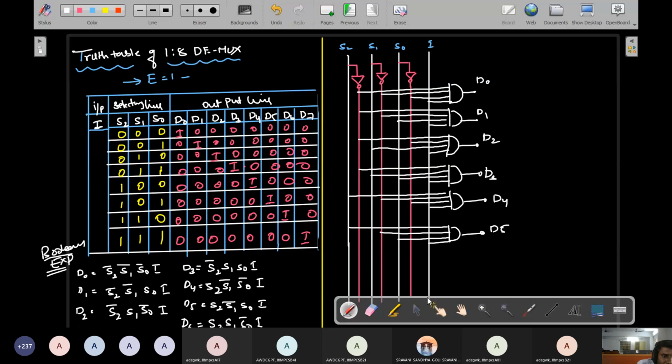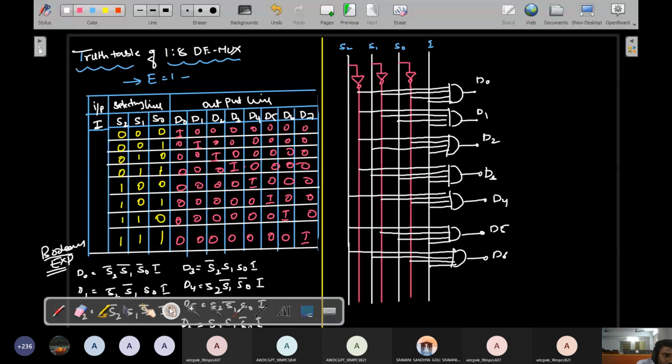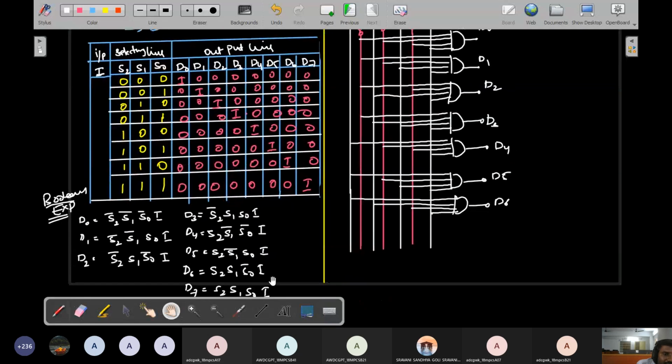Now come to D6: S2, S1 and S0 bar and input. Next D7: all are high condition, so you take S2, S1, S0 all positive, and input. So this is D7.